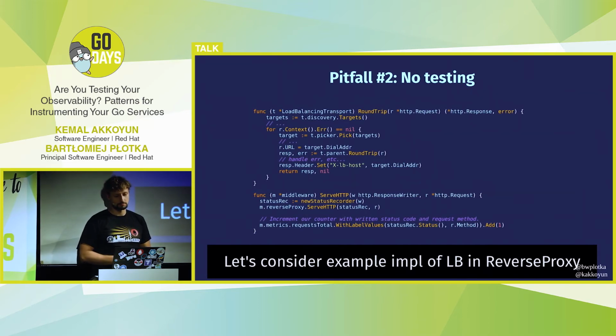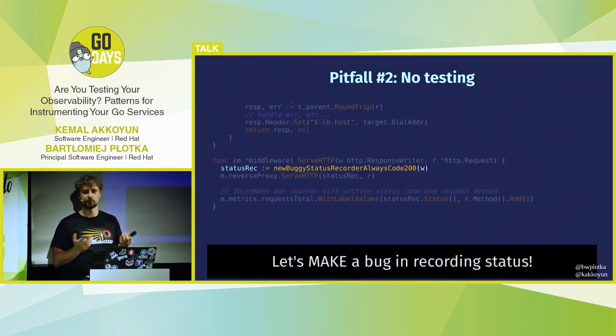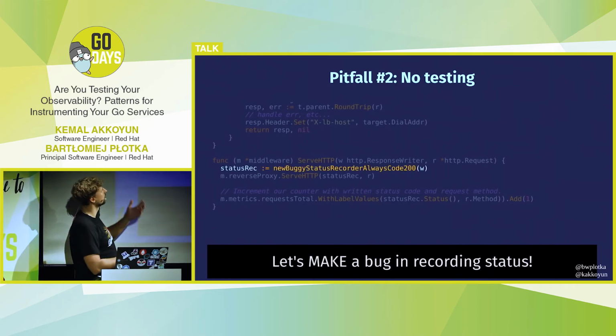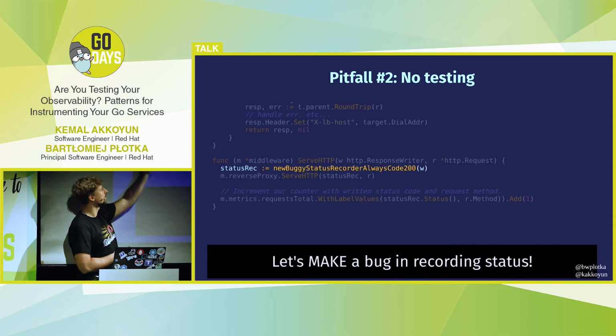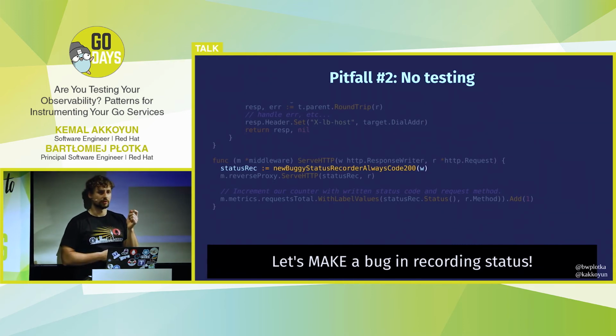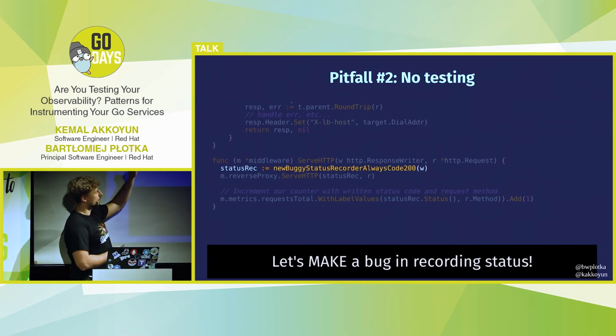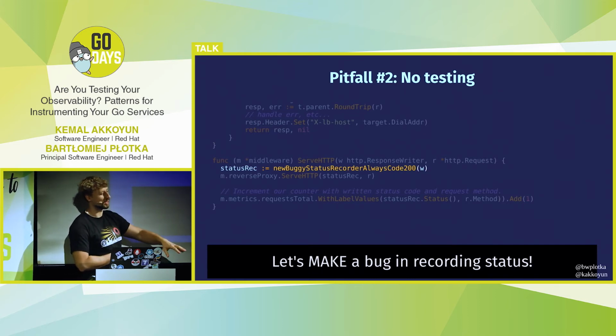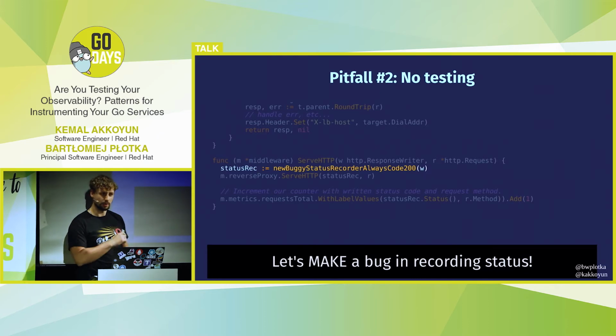Now, let's imagine we introduce a bug. We were just changing something, and there is a buggy recorder, which actually records the 200 code always. So no matter if our load balancer or the backend behind the load balancer is returning 502 or 404, it will always show 200.